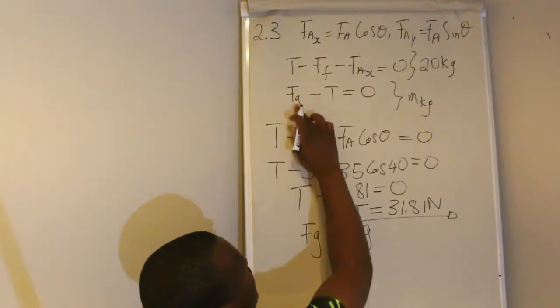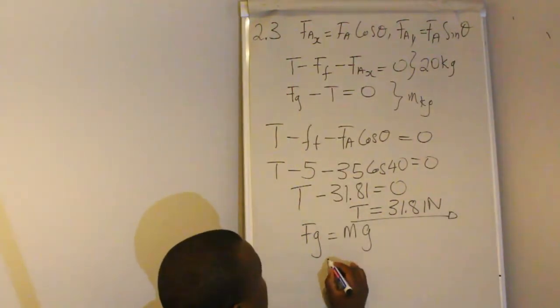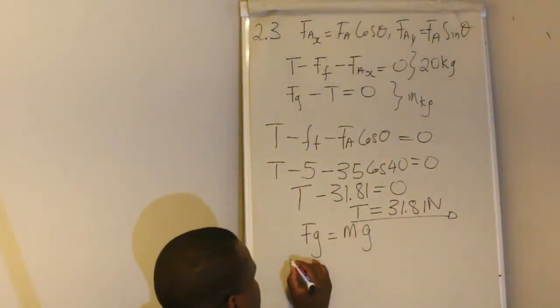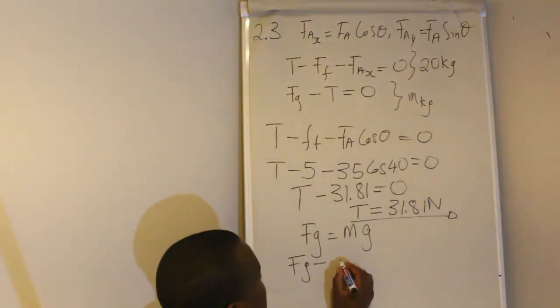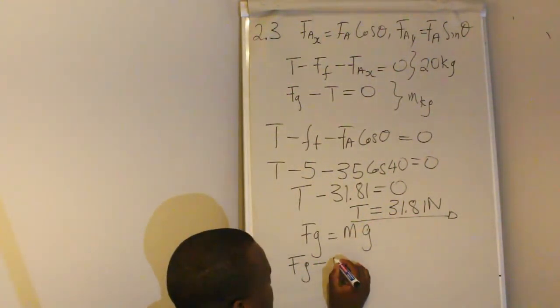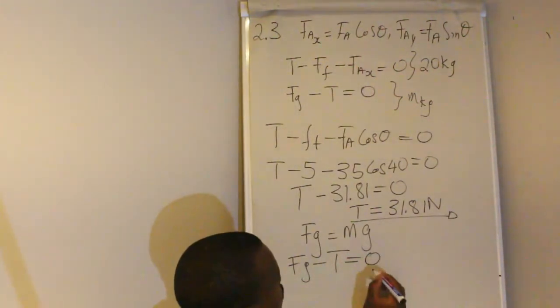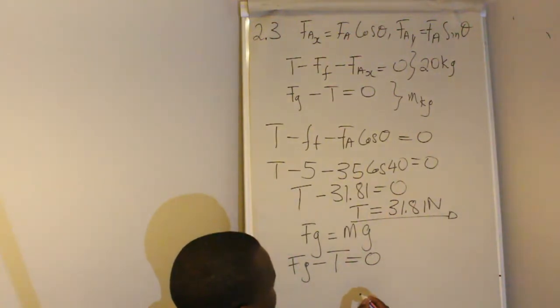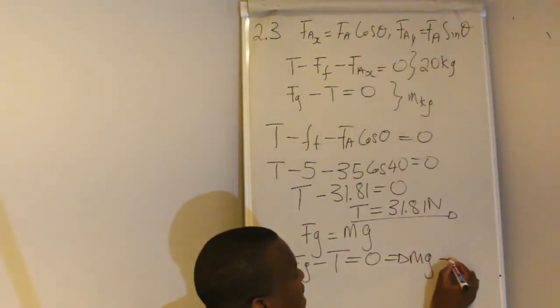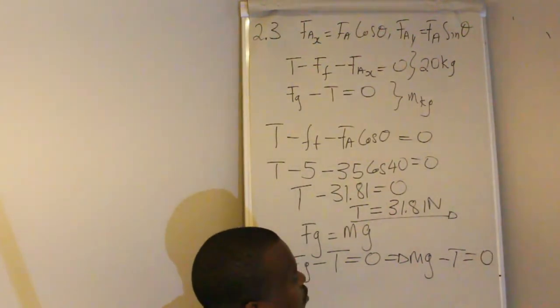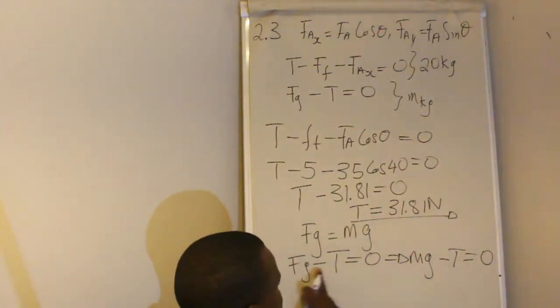So now you have Fg minus tension is equal to 0, which is equivalent to saying mg minus tension is equal to 0, because this is gravity.